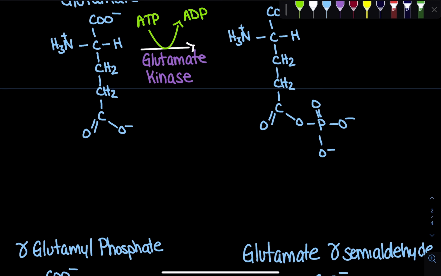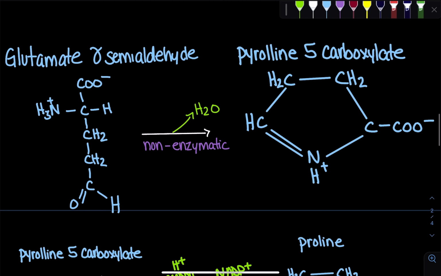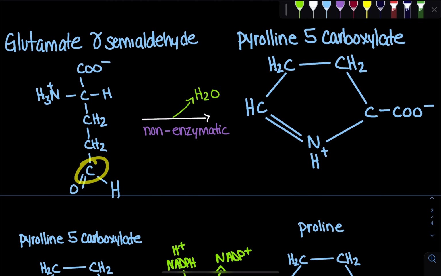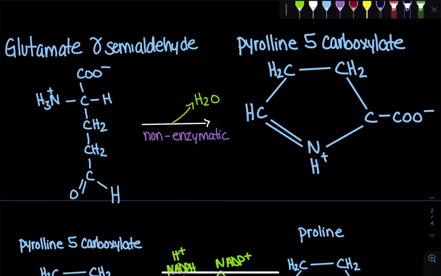So what we did was we phosphorylated, then we removed the phosphate, and we reduced it, and then now we have an electrophile, and this amino group, the nitrogen, is going to nucleophilically attack that carbon, and we're going to see cyclization happening here. But first, we must lose H2O, where essentially we want to lose this oxygen, and we want to lose the hydrogens in this process. So right over here, the nitrogen is going to lose the hydrogens as well.